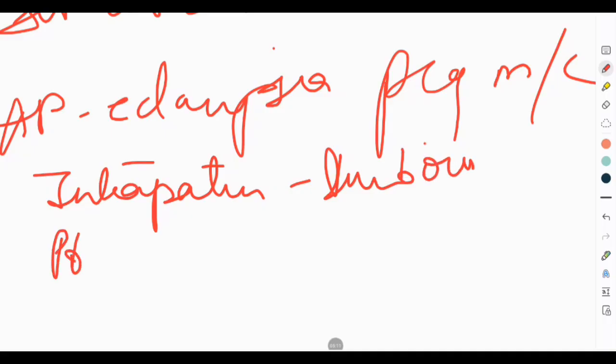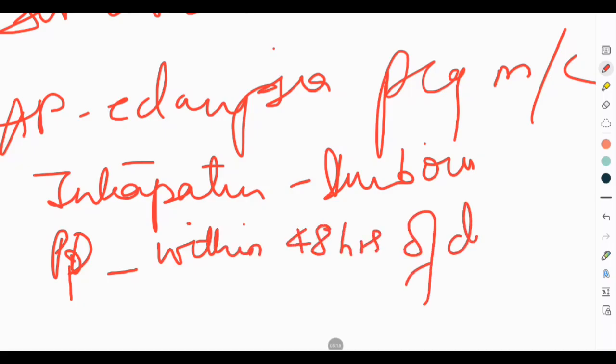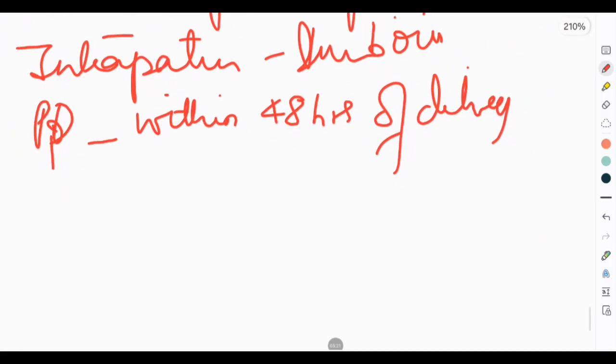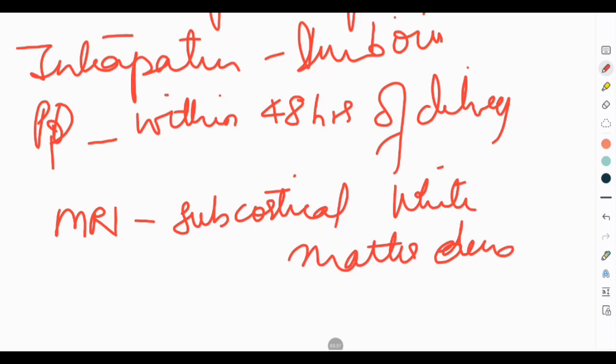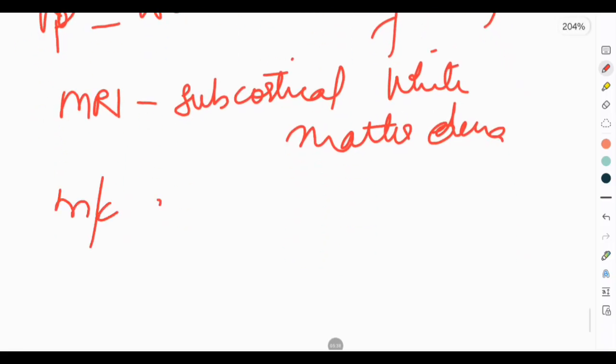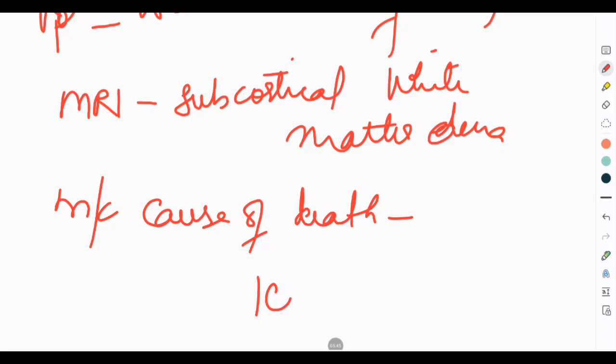Postpartum, within 48 hours of delivery. And there is MRI finding of subcortical white matter edema. Most common cause of death is intracranial bleed.